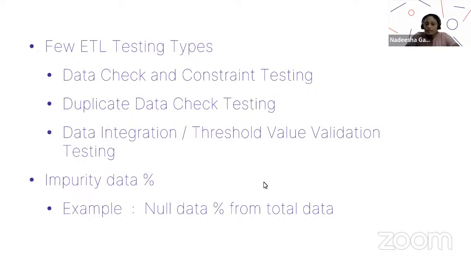Data lengths and index or constraints we can also test. I hope you got some idea on those. We cannot say that these things should be done exactly as I explained, but from this you can get some idea of how you can apply these things to your business application.